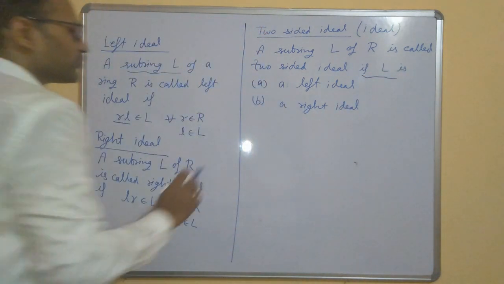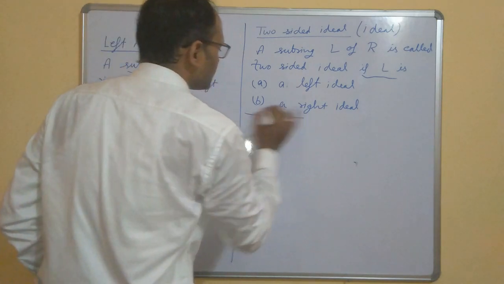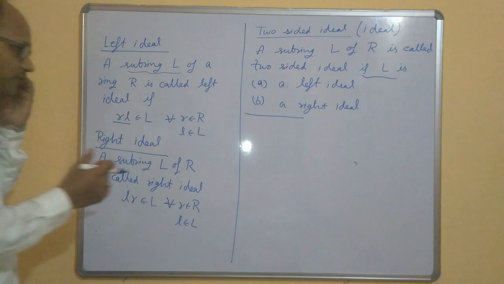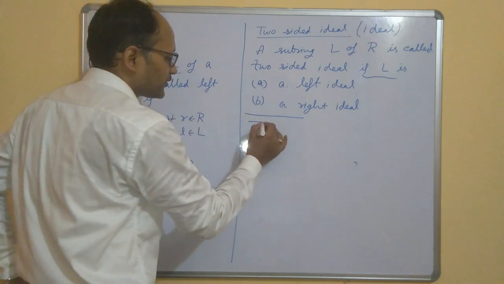Before coming to the examples of this two-sided ideal, let us see how to test whether a given subring or a given subset is an ideal or not. So, test for ideal.